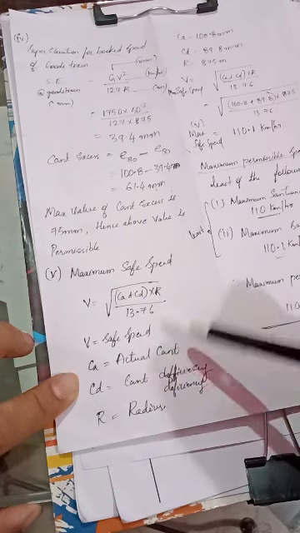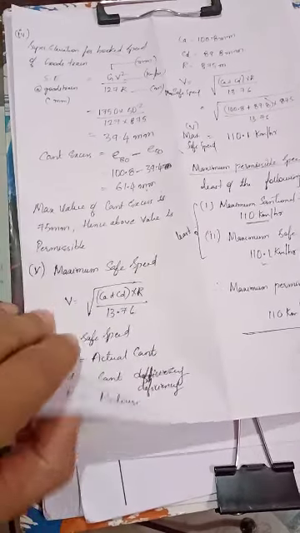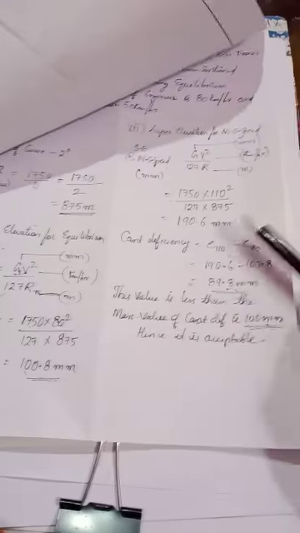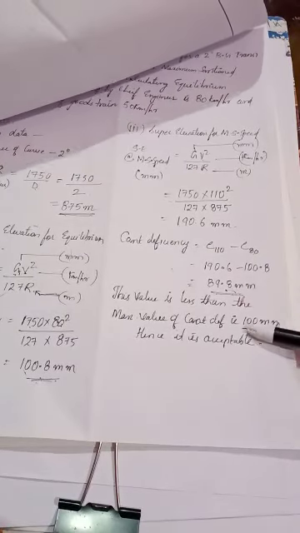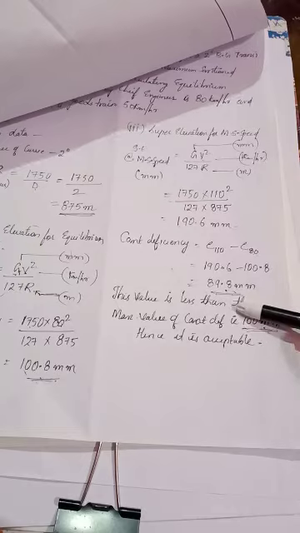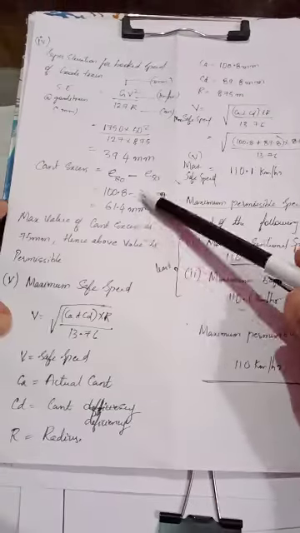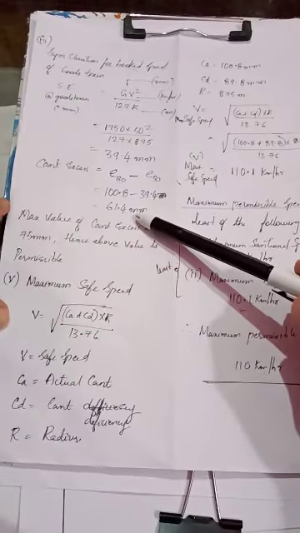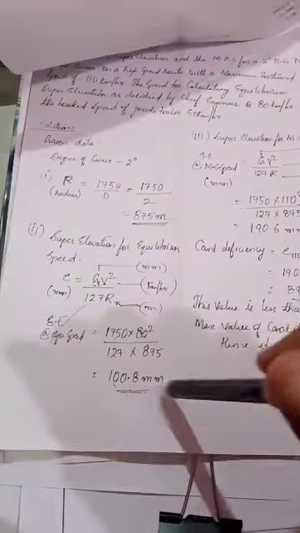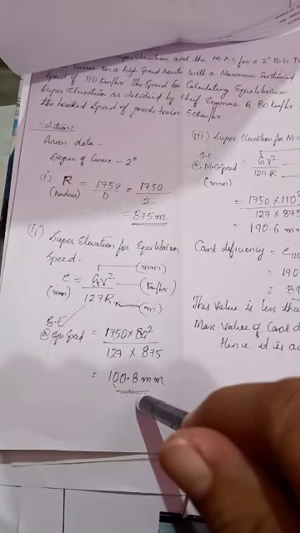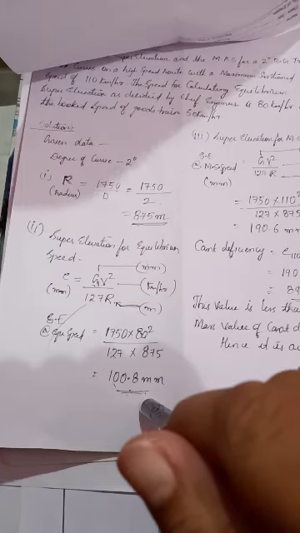So what should be the value of actual Kant? As I have explained earlier, if the Kant deficiency is under the 100 mm limit and the Kant excess is under the 75 mm limit, the super elevation for equilibrium speed becomes the actual Kant.